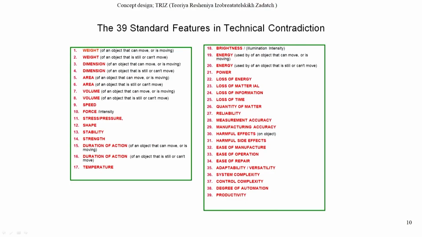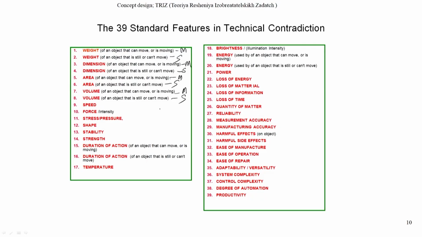Similar thing is true from the dimension point of view. Dimension of an object that can move, let us call it dimension M, and dimension static, like weight M and weight static. And same thing is true for area M and area static, volume M and volume static.